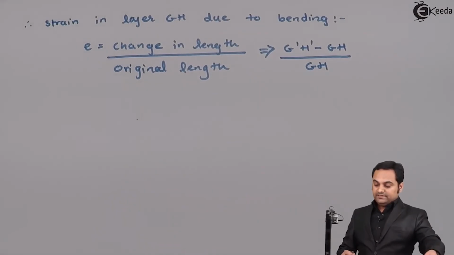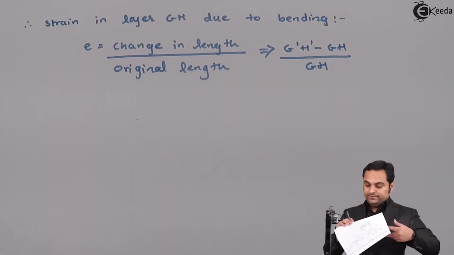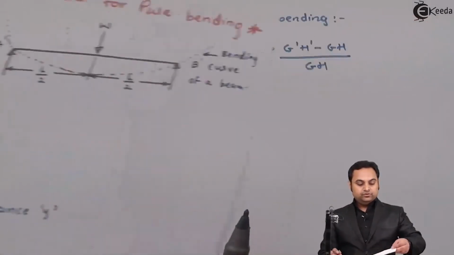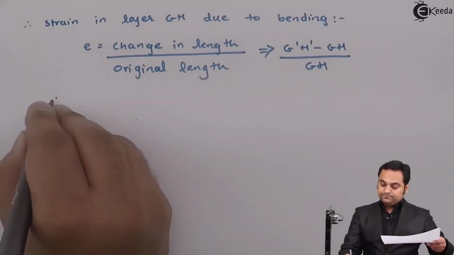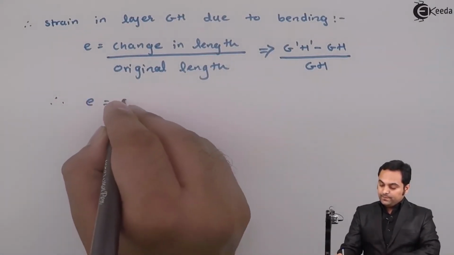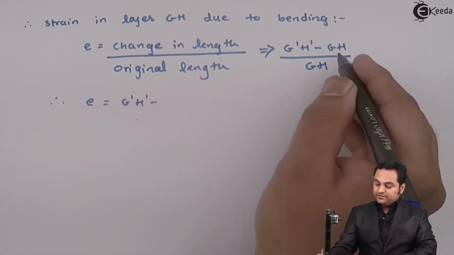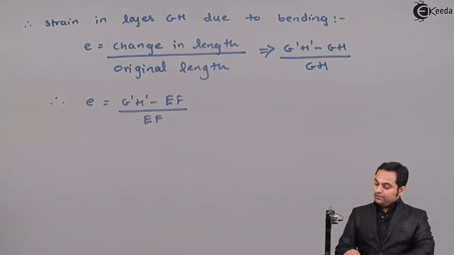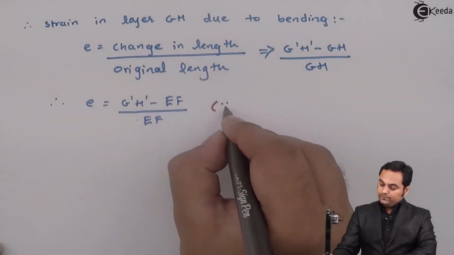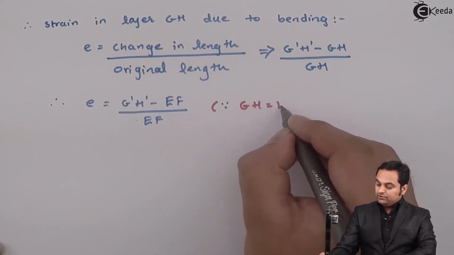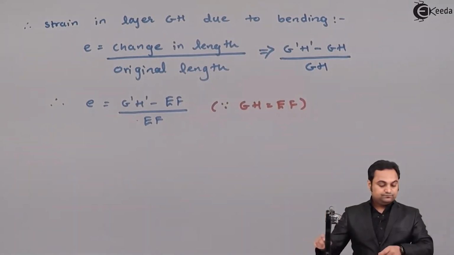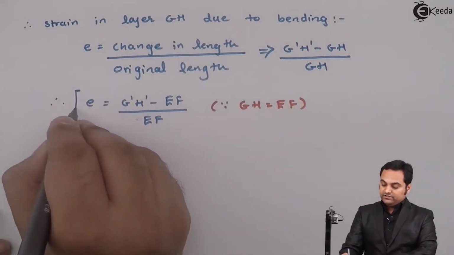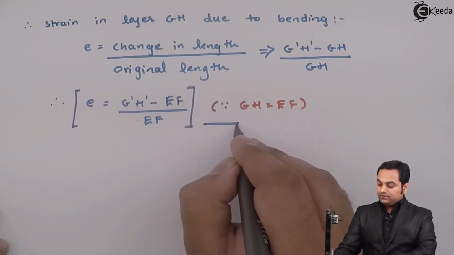As is clear from the diagram, before bending, GH is equal to EF. Therefore e is equal to G dash H dash minus GH, divided by GH, where GH is equal to EF. I will call this strain equation, equation 1.